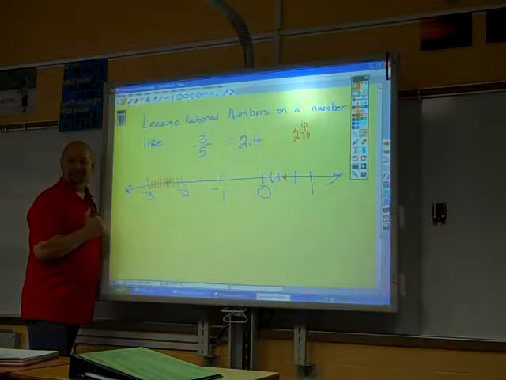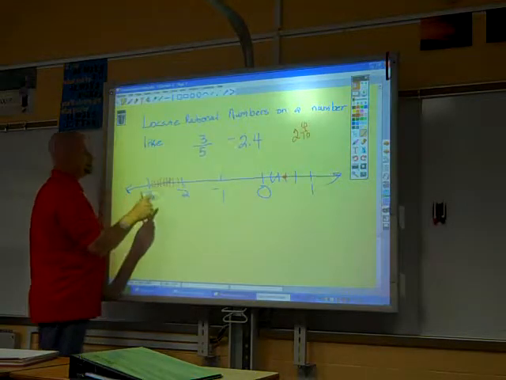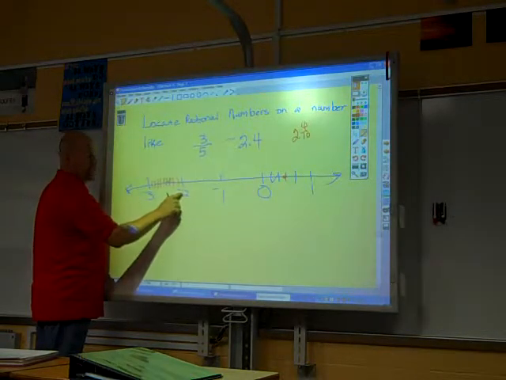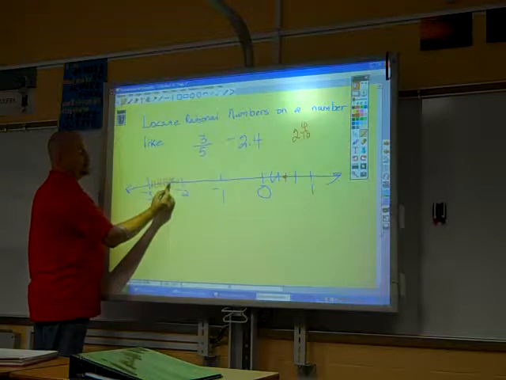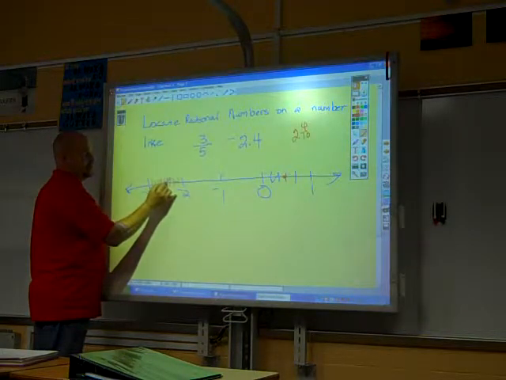Start from the negative 2. Good. 1, 2, 3, 4, and that's where that point lives.